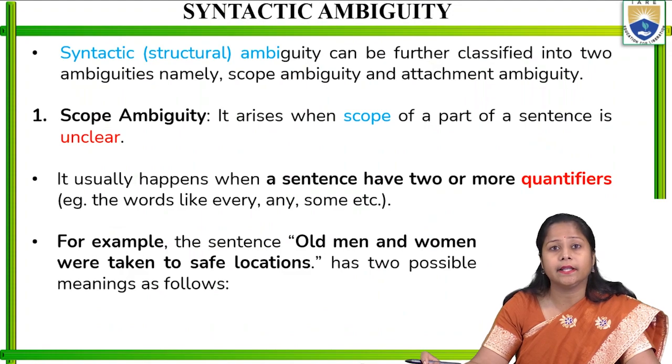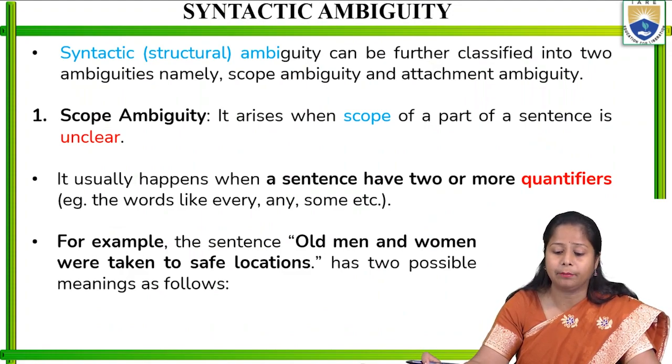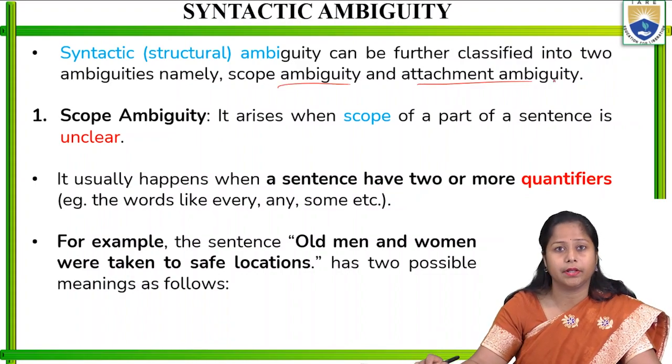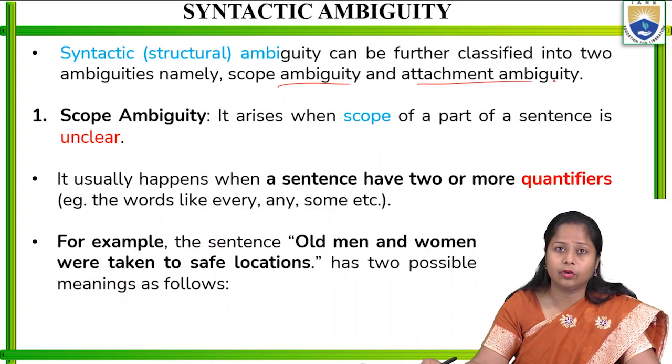Now syntactical ambiguity is also called structural ambiguity, and it can be further classified into two other ambiguities: first is scope ambiguity, second is attachment ambiguity. Let's see scope ambiguity. Scope ambiguity occurs when the scope of a part of a sentence is unclear.